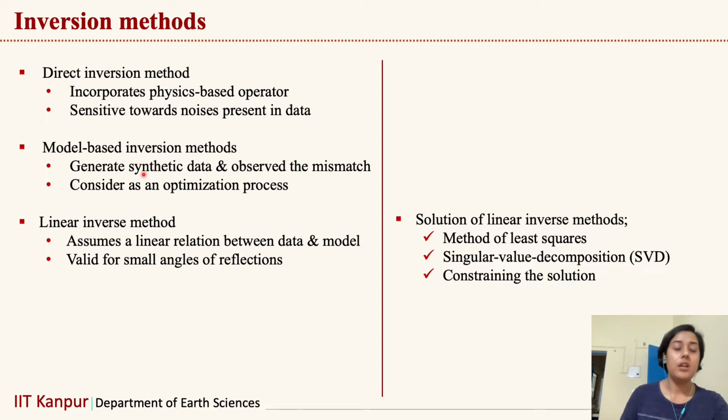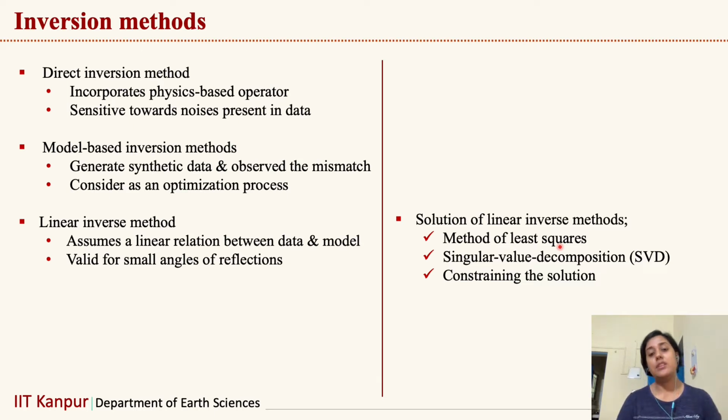For example, for the case of small angle reflection, this linearity holds to some extent, and we can apply the linear inverse method in these scenarios. To get the solution using this linear inverse method, we apply the least squares method, apply singular value decomposition, or constrain the solution.